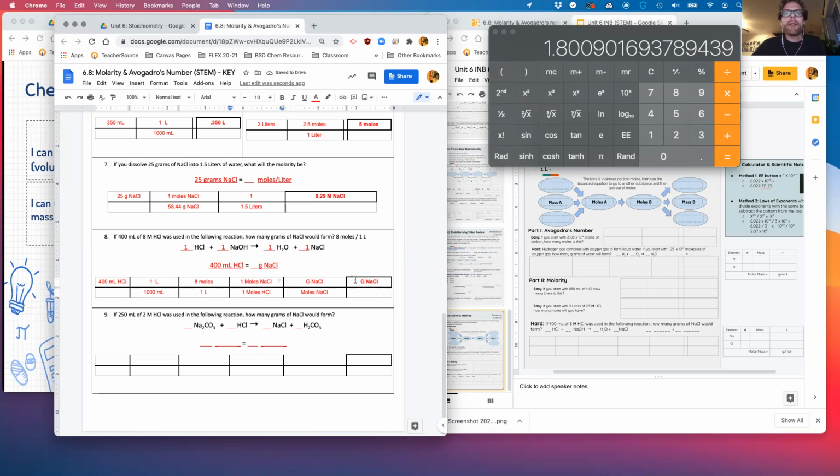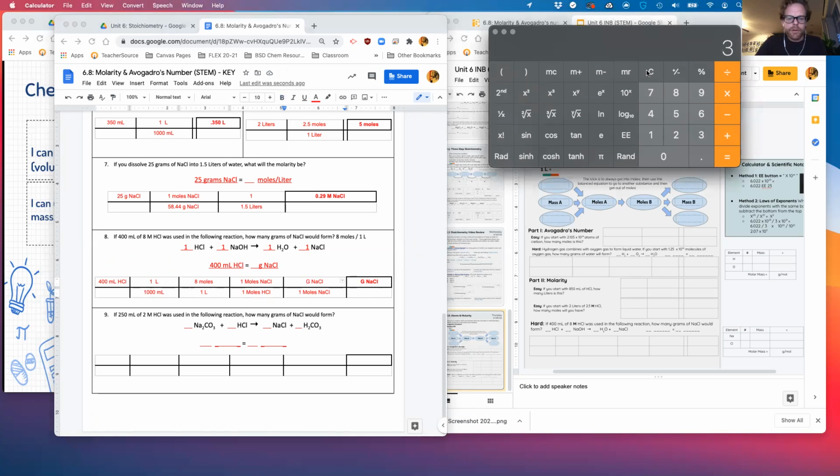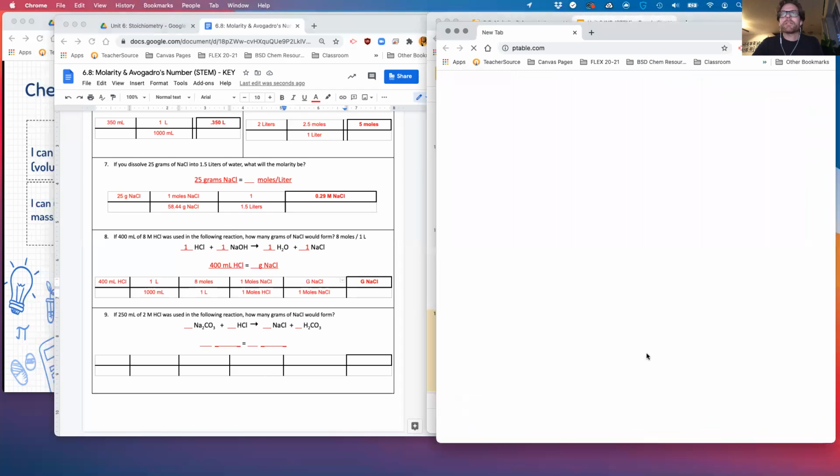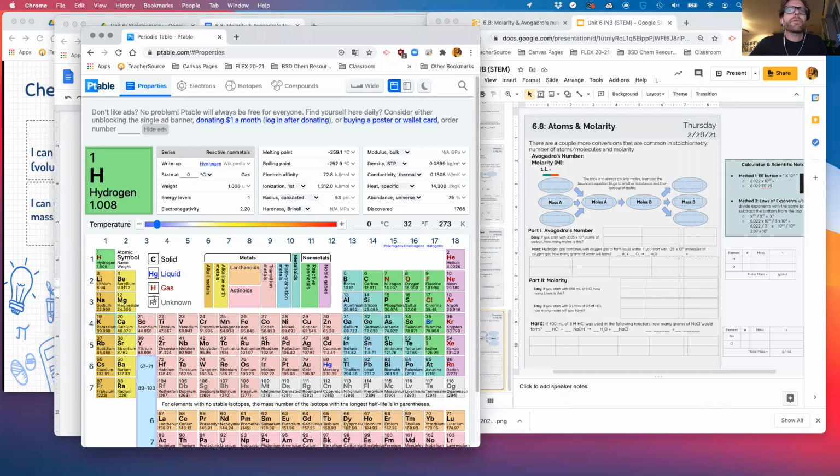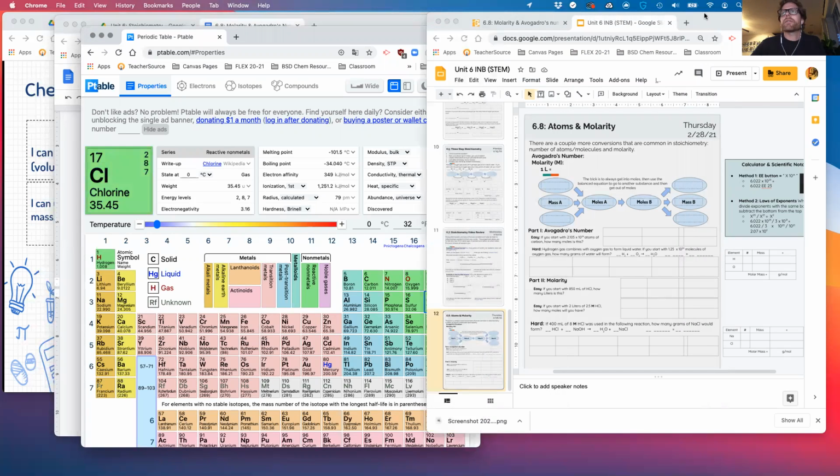Now, this is a 1-to-1 relationship, and I have to do a little side hustle to get the molar mass. So I have to look up, it's going to be 35.45 plus 22.99 is 58.44. That doesn't sound perfectly right. Let me see if this is correct. Na is 22.99, Cl is 35.45.